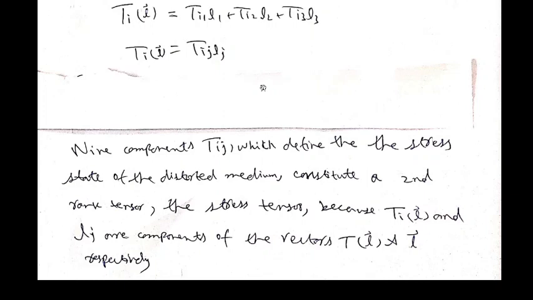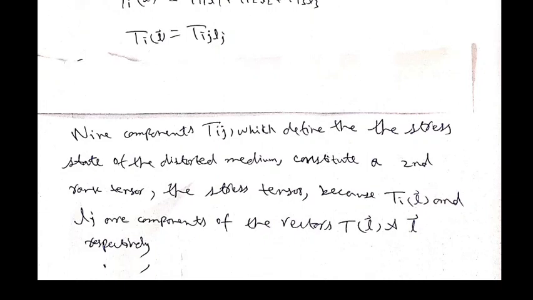We have to show this by using our fundamental definitions about the components of a tensor, in which we have studied the transformation laws, where we say that the components of a second order tensor must satisfy a particular transformation law, like third order, fourth order, fifth order.